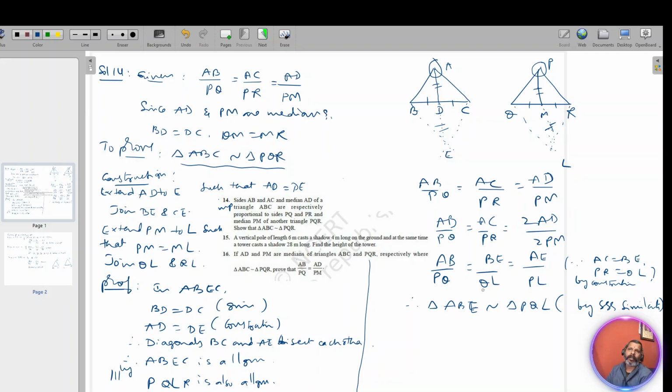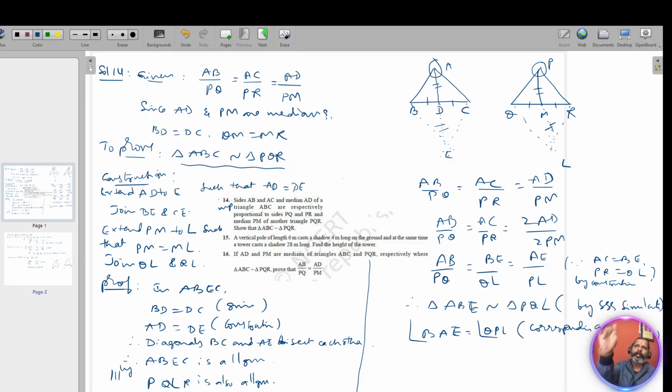Since ABE and PQL are similar, I can say angle BAE equals angle QPL. Why? Because they are corresponding angles of similar triangles.